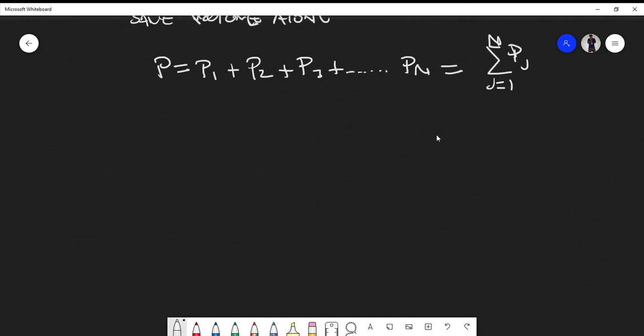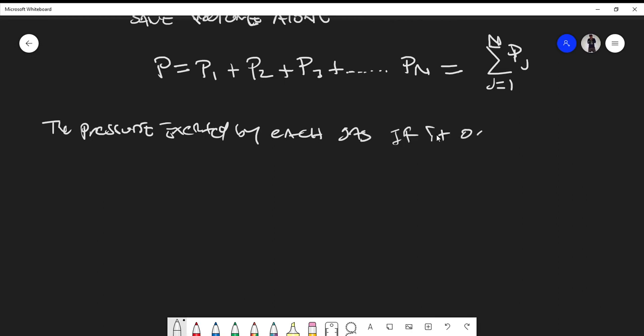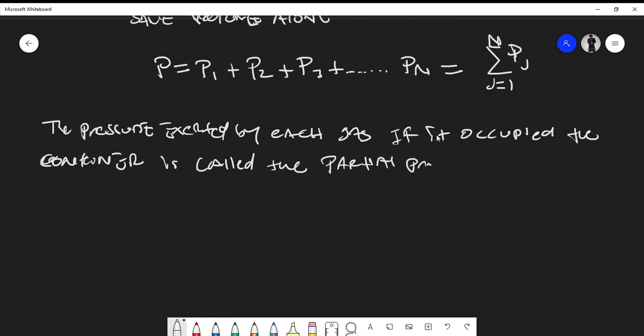To continue, the pressure exerted by each gas, if it occupies the container alone, we call the partial pressure of that gas.